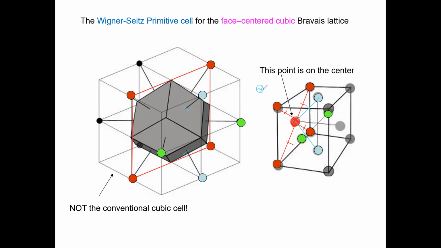So from here, you point like that, okay? And then cut half. And another one here, like that, okay? And cut half.